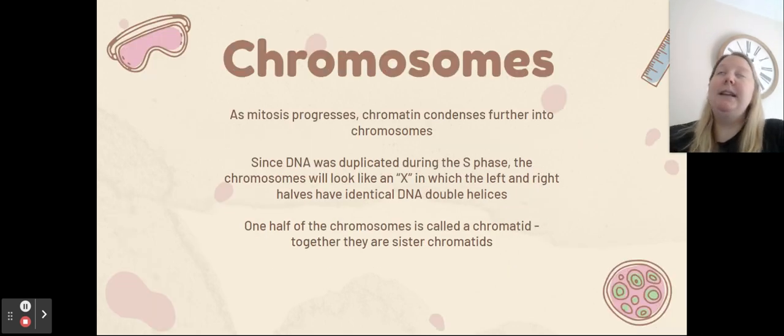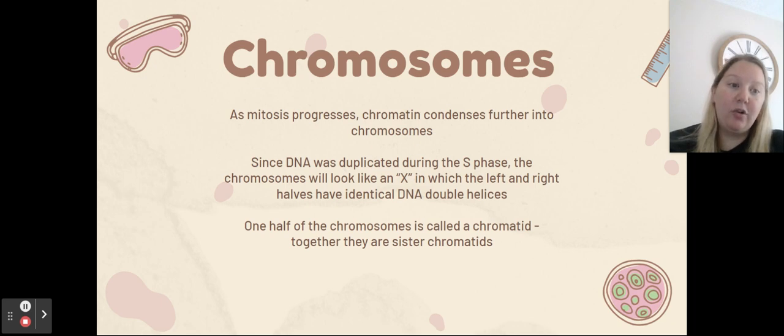As mitosis begins to progress, the chromosomes will condense further from that chromatin. Since DNA is duplicated in the S phase, which we'll get to in a moment, our chromosomes begin to look like an X, having both a left and a right half. They are genetically identical.